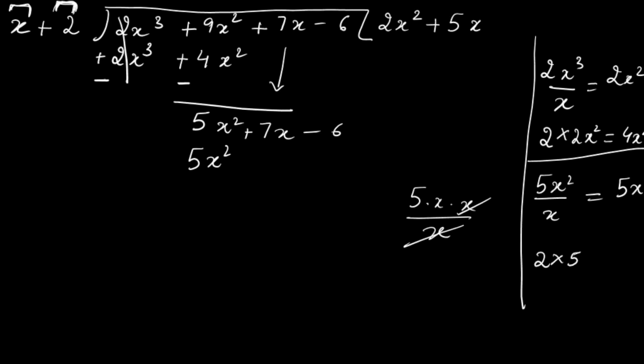So 2 into 5x is 10x. We write this 10x under the like term, the term which has x, that is 7x.